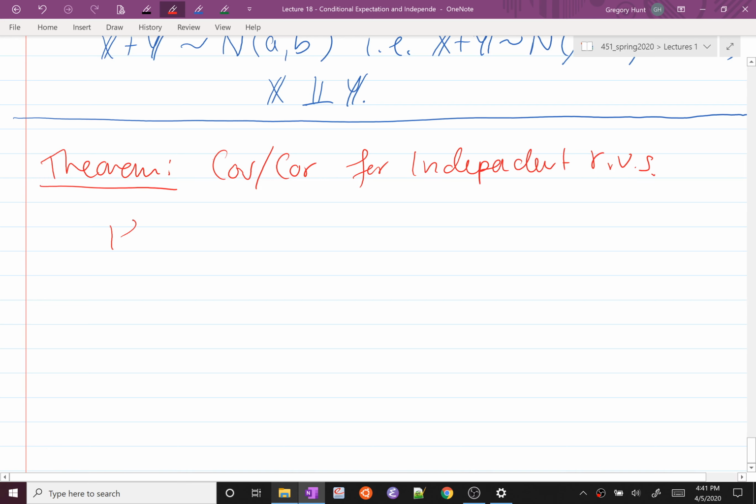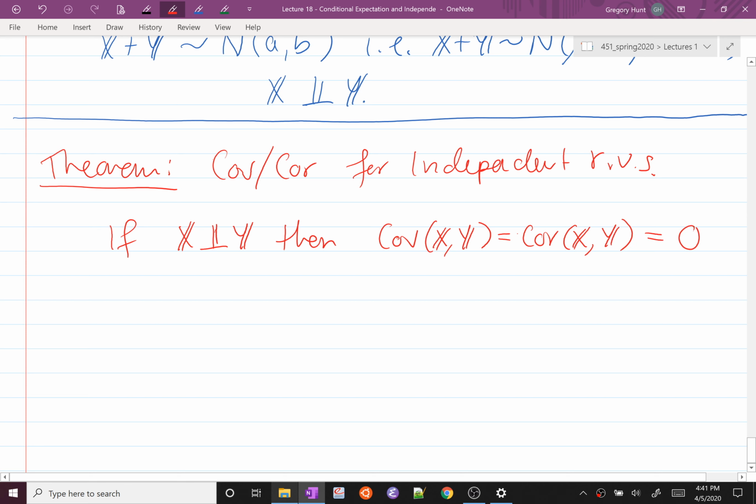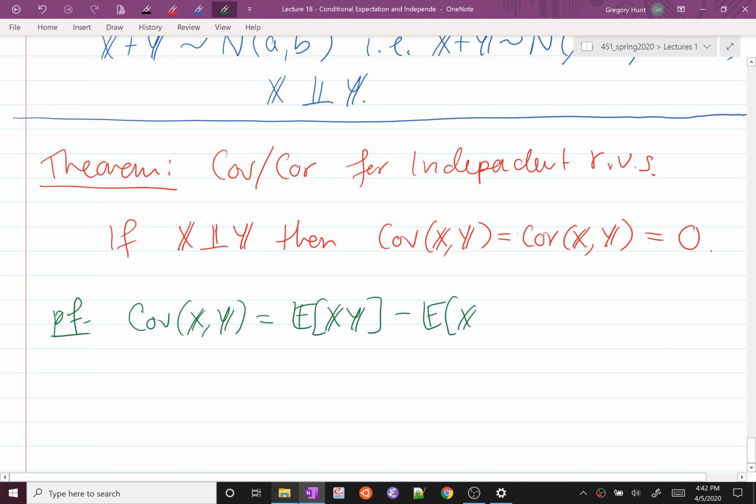And the theorem says that if x is independent of y, then the covariance of x and y, or the correlation, whichever you want, of x and y, is 0. And we can prove this real simply. Notice that the covariance of x and y, we can use our shortcut formula from last time, is the expected value of the product xy minus the expected value of x times the expected value of y. And if x and y are independent, I can factor this expected value of the product x times y.